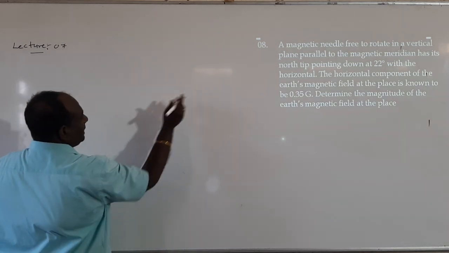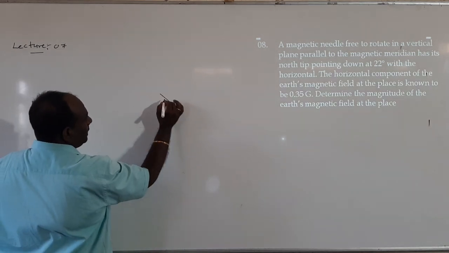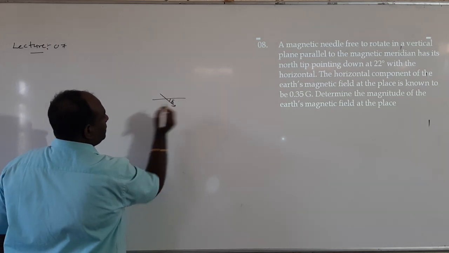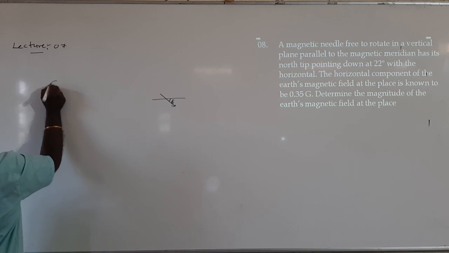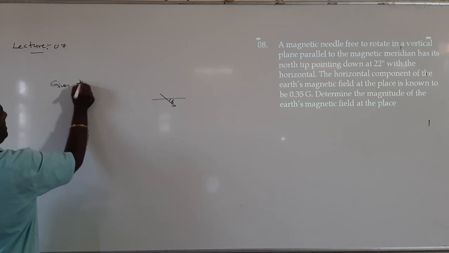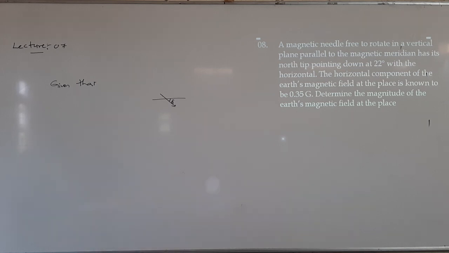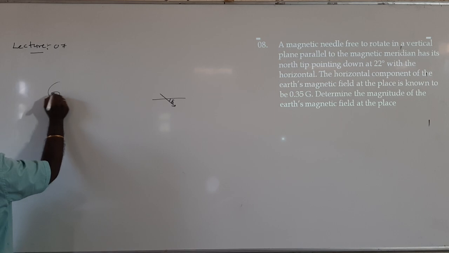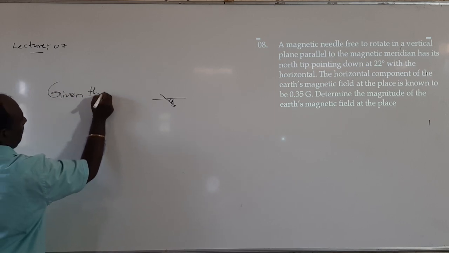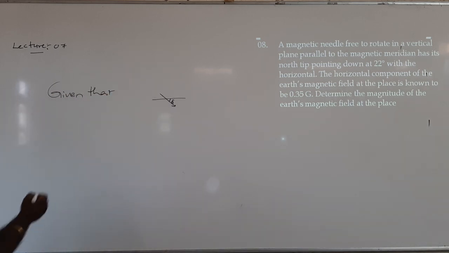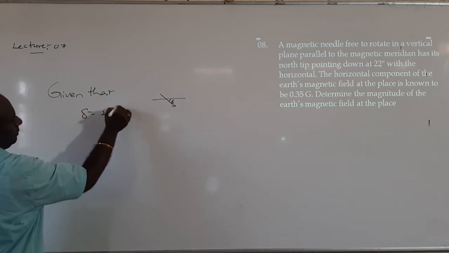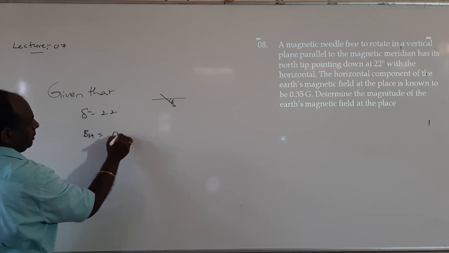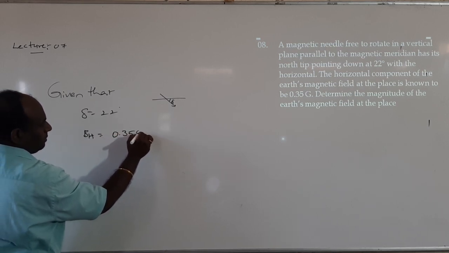Sir, this is a dip circle. This is a dip circle needle. This dip circle needle is inclined at an angle, that will be delta. So I am giving that. It is given that delta equals 22 degrees, B H is equal to 0.35 Gauss.